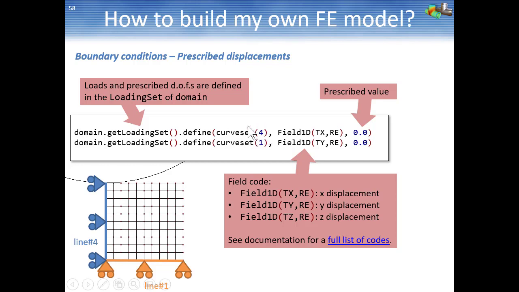And this command takes one curve. So here, that's the curve 1 and 4. A direction. So here you have the x displacement. Well, the name of the x displacement in Metafor is this strange thing. And then the value. So here it's 0. So we just prescribe 0 on these two lines.